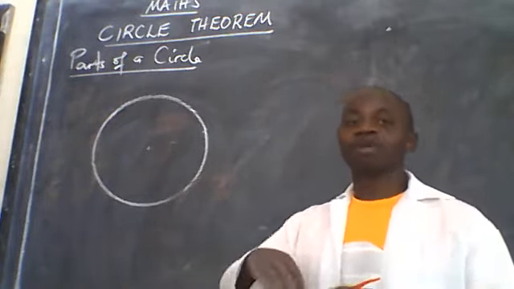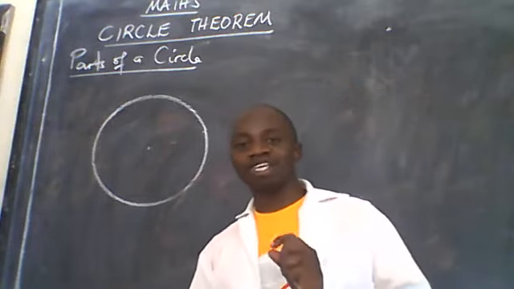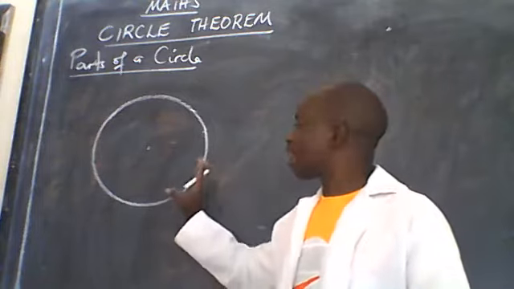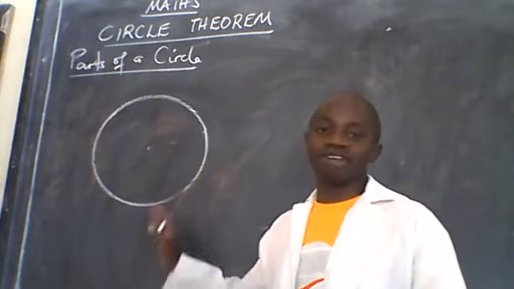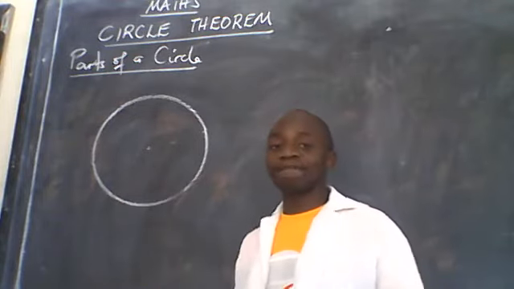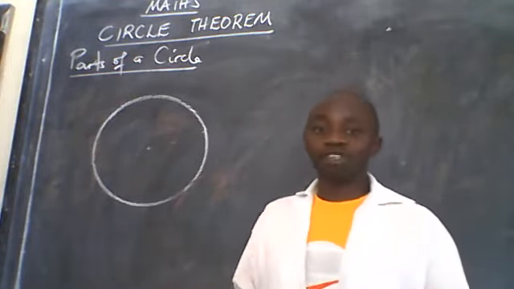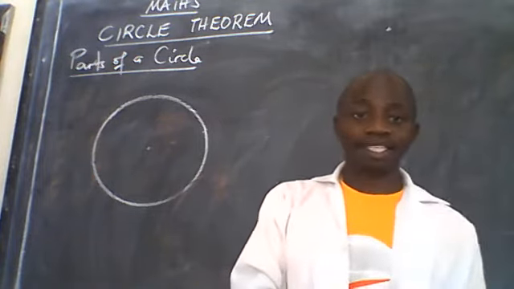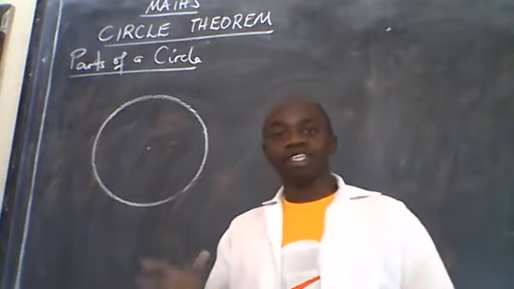Now, a circle has got properties that must be understood in order for you to answer any question given on this. Remember, this is very important. It's not an optional topic. It was there last year, and it will come this year. It's not an option.